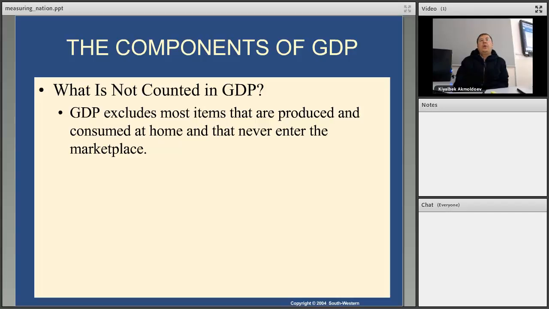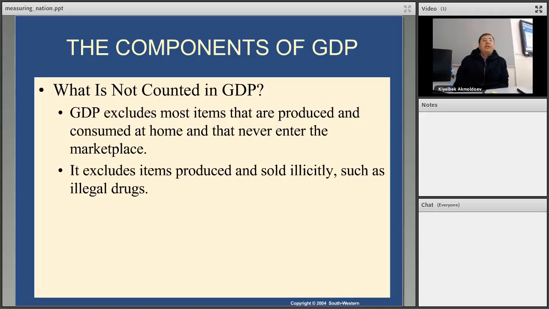So when I consume from my home local products, they are not counted as GDP because I don't spend money to buy from myself. Then they are not included to GDP.